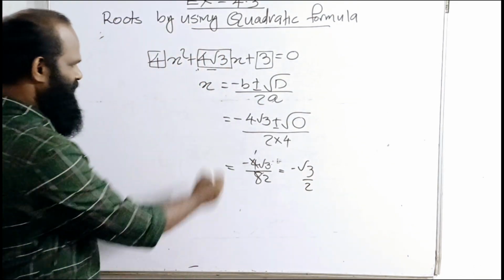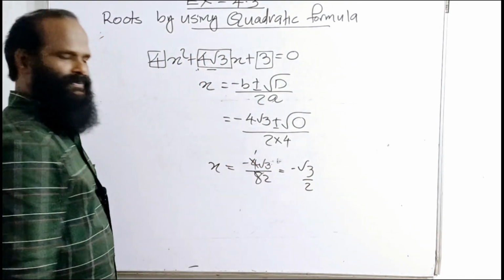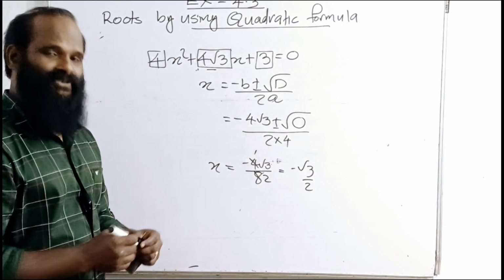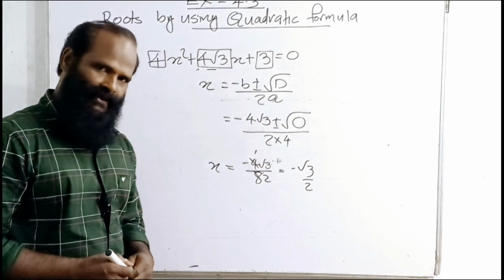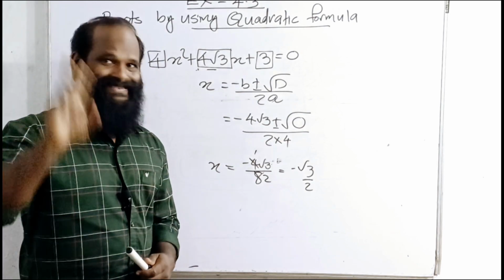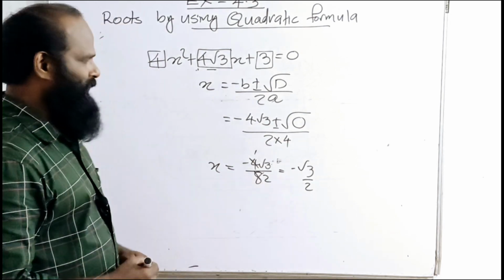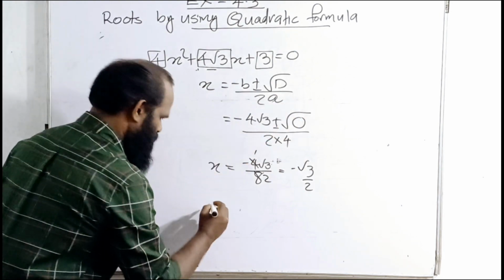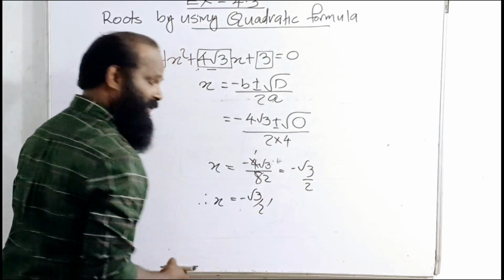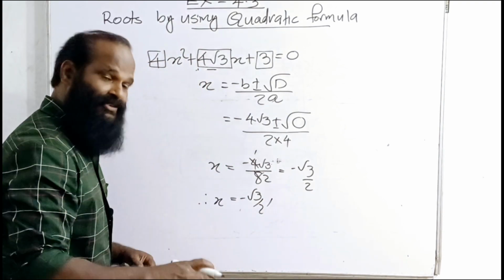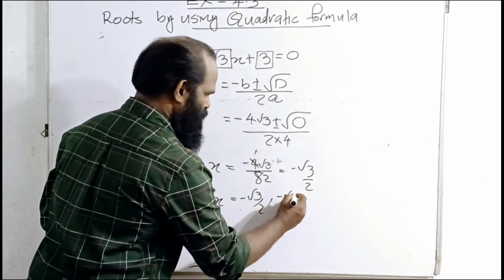But I finished. I got only one value. Usually a quadratic equation has two values. Since d is equal to 0, I told you in the beginning, the values must be the same. Here I have got only one value. Therefore x is equal to minus root 3 by 2. Then where is the other value? The other value is also the same, minus root 3 by 2.